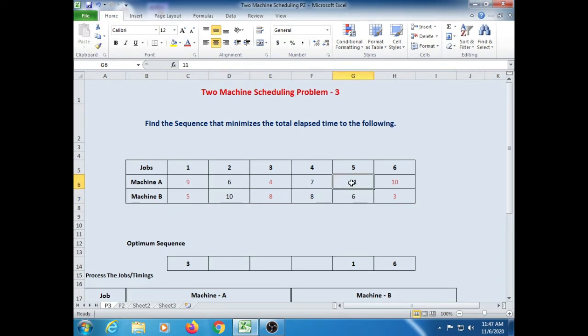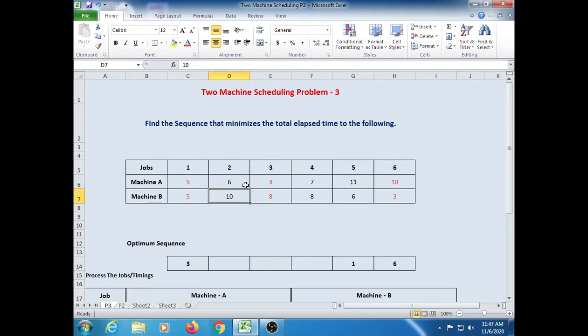Comparing these 10 and 11, we have to identify which one is less. Comparing with 11, 10 is the lower value. So we first select the processing time related to machine A, because its corresponding value is less compared with the other corresponding processing time.